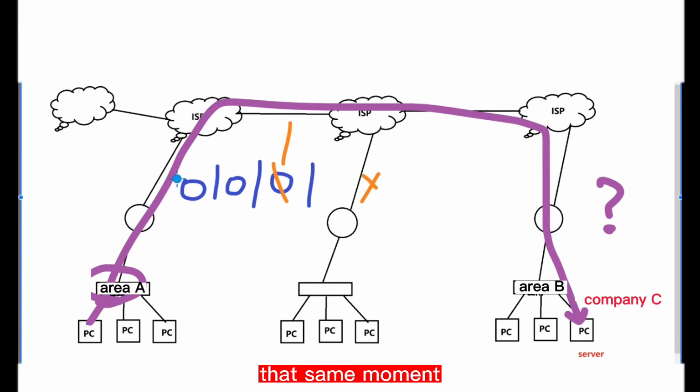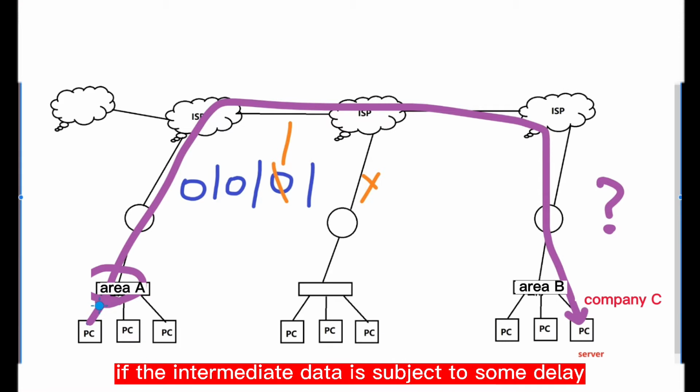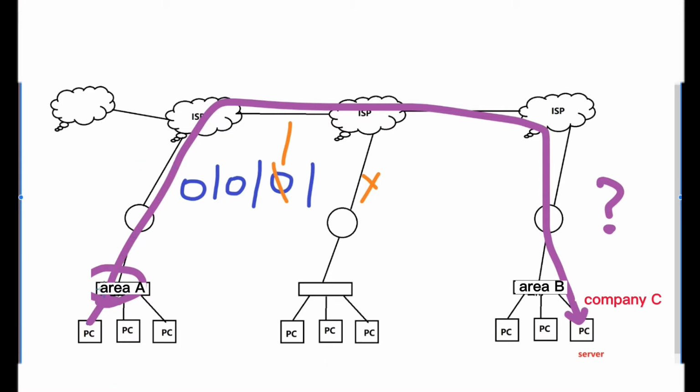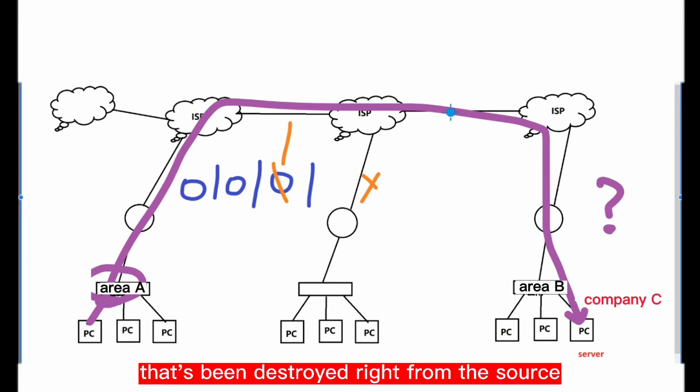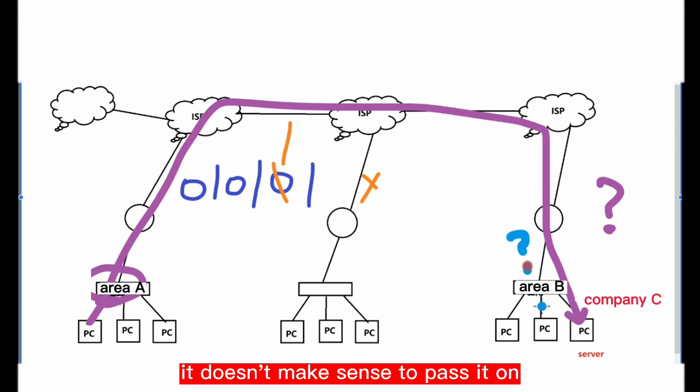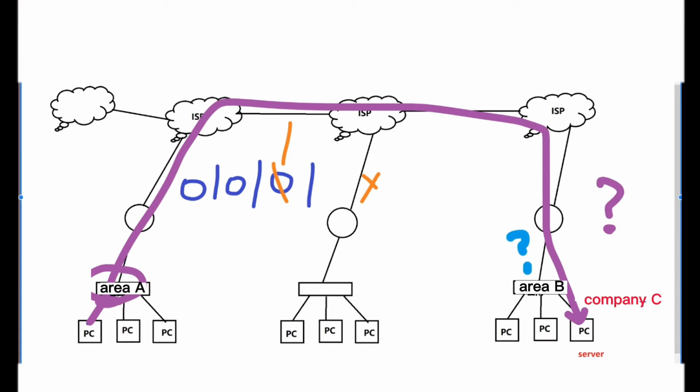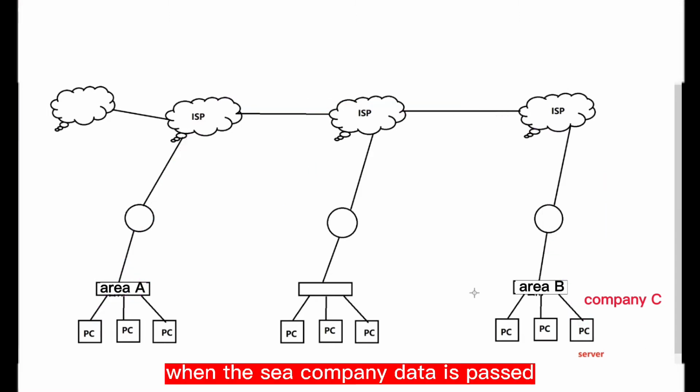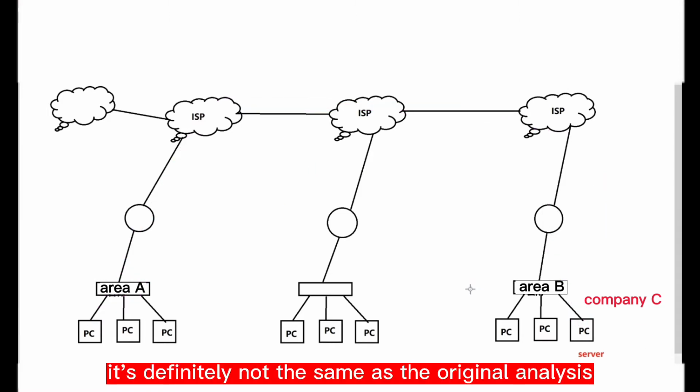If the intermediate data suffered some delay or damage, that has been destroyed right from the source, and it doesn't make sense to pass it on. When company C parses the data, it's definitely not the same as the original.